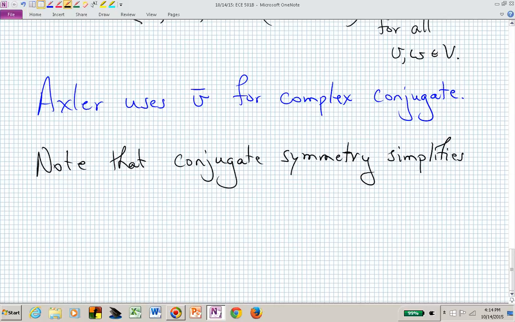The conjugate symmetry is really simplified. We don't even have to worry about it if we're dealing with real vector spaces. Note that conjugate symmetry simplifies if our vector space V is a real vector space.